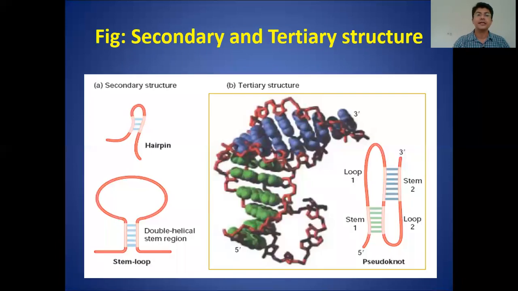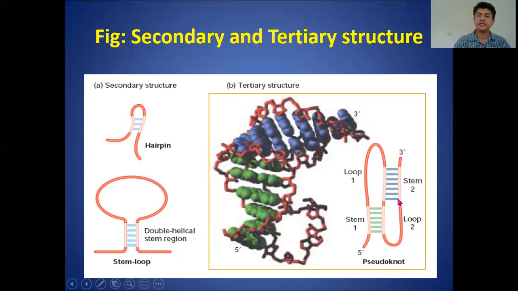So here is the figure in which the hairpin structure is formed, where two complementary regions are separated from each other by 5 to 10 nucleotides. If the complementary regions are separated by 10 to hundreds of nucleotides, then stem and loop structures are formed. In case of pseudoknots, two stem and loop structures interact with each other, where the stem portion of one stem and loop structure becomes part of the loop structure of another stem and loop region.